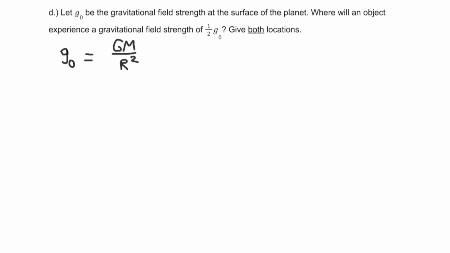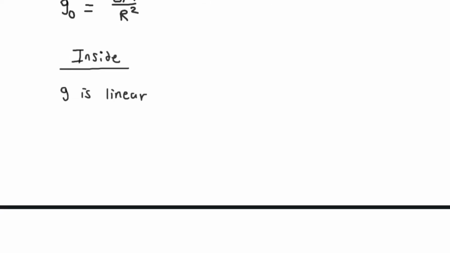So first, inside is very straightforward. I won't even work it out mathematically, because we can just kind of see what the answer is, because it increases linearly. So g is linear inside.